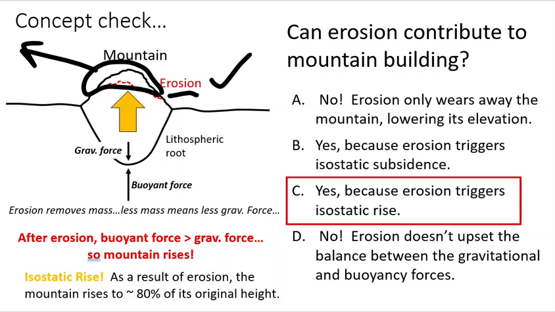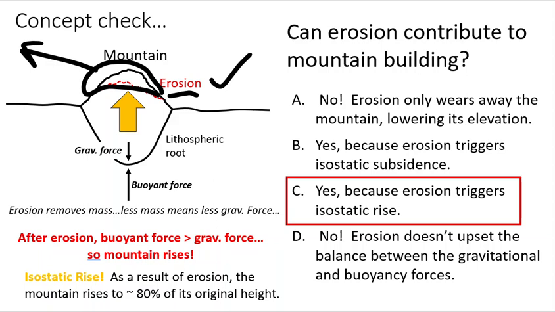Remember that the gravitational force depends on the mass of the mountain itself, the mass of the lithosphere. And because Mother Nature is eroding away the top of the mountain, she's removing that mass, so the mass of the lithosphere is going down. That means that the gravitational force is becoming less and less as erosion is wearing away the top of the mountain.